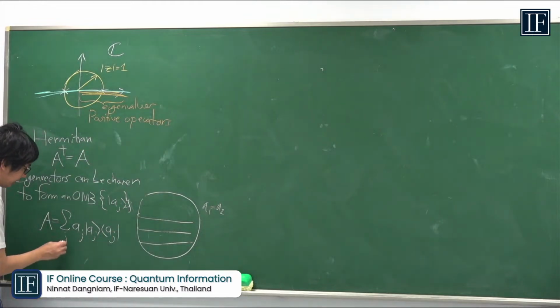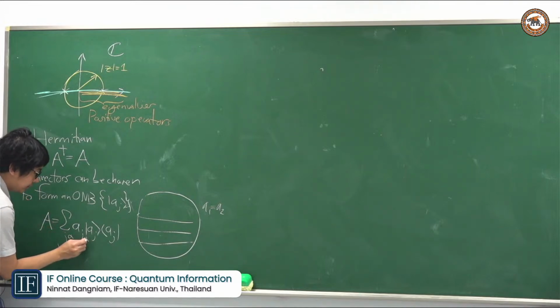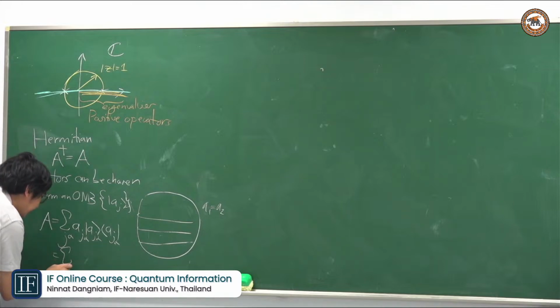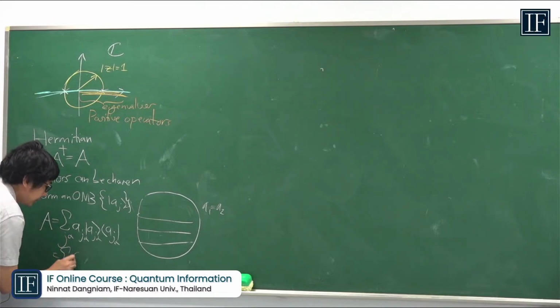In particular, if I have a degeneracy label here, then what we are saying is that I can further group them into this.